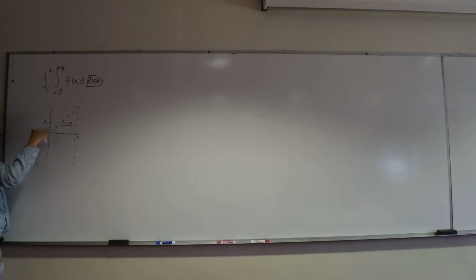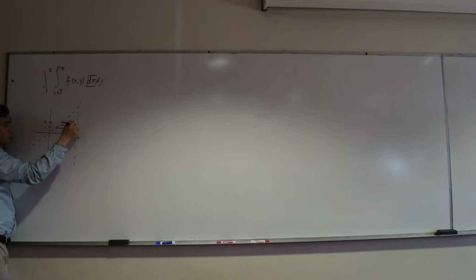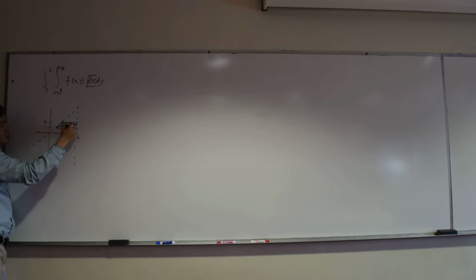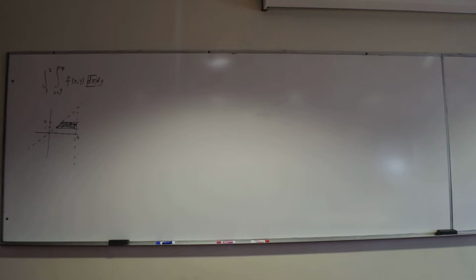And your height is limited to be from 1 until 2. So your brushes are only doing the painting in between. So this is what you get. All right. So you have that.